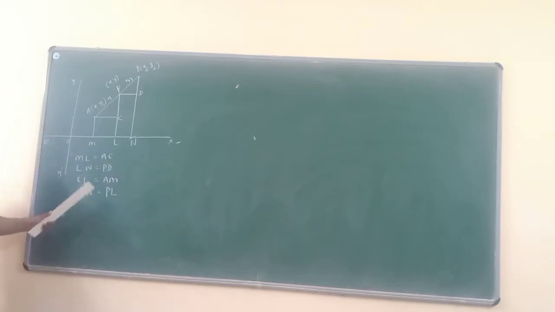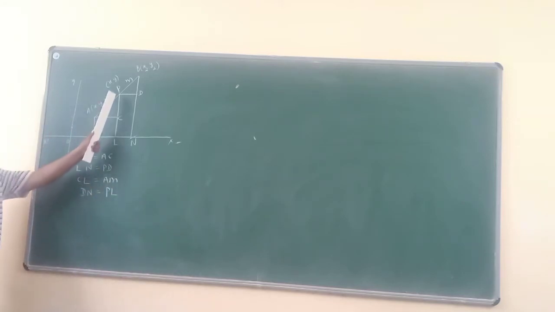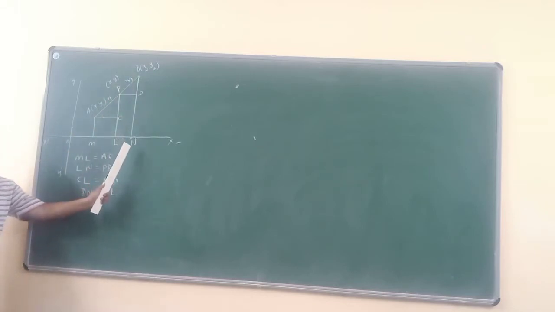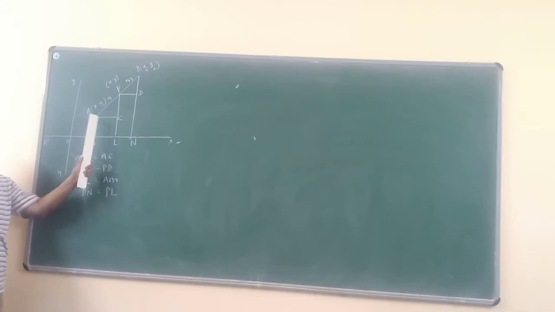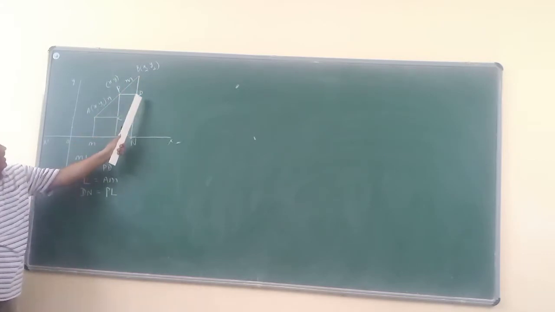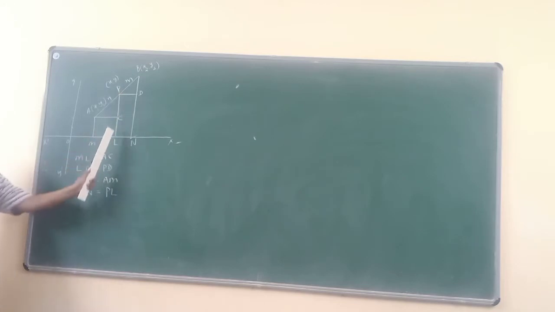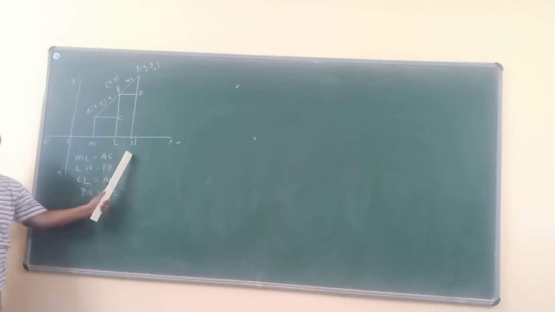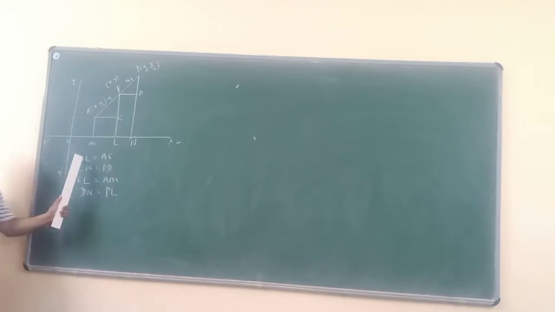How do you get to know? When we draw AM, PL, BN perpendicular to the x-axis as well as AC and PD perpendicular to PL as well as BN respectively, such that MN is equal to AC, LN is equal to PD, CL is equal to AM, DN is equal to PL.